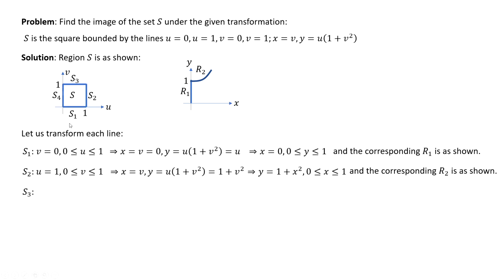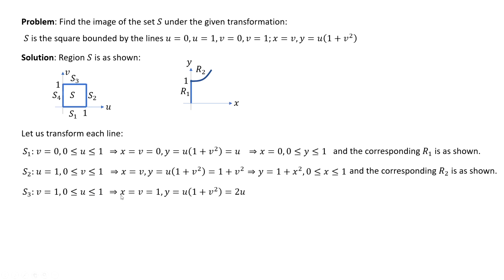Okay, fine. Now what else? S3. Let's pick S3. What is S3, folks? It's a horizontal line. So that means v must be equal to what? What is the ordinate value? 1. So v equals 1 and restrictions, well, u should lie between 0 and 1. So that's what S3 is.